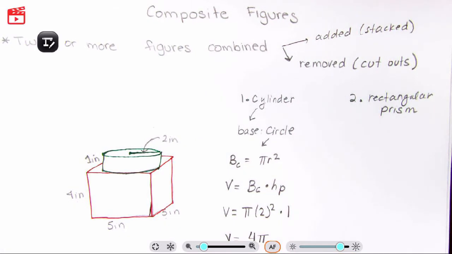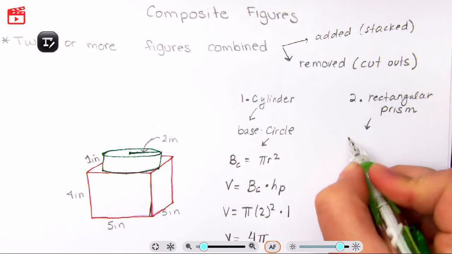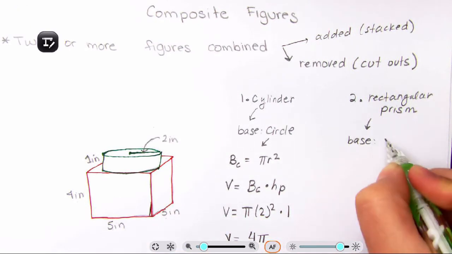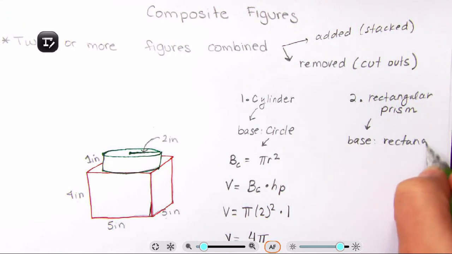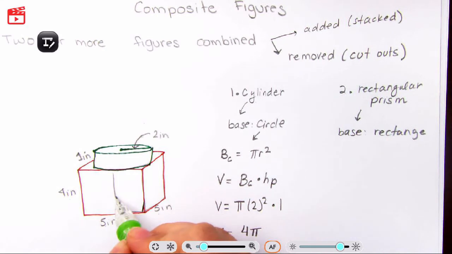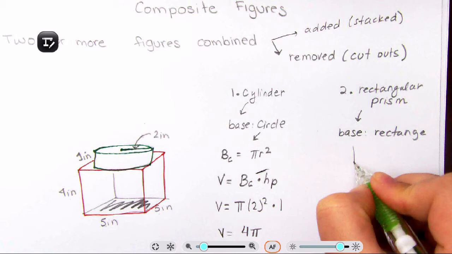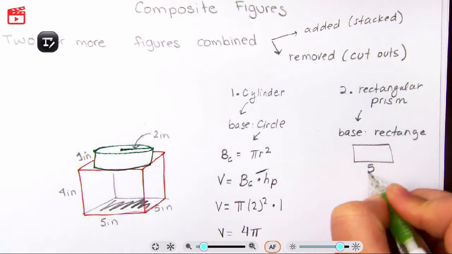Now we're going to do exactly the same thing for our secondary prism. So what do we have? We have a rectangular prism. That means our base is a rectangle. It doesn't matter which rectangle you choose. I'm going to choose the bottom. So our base is 5 by 5.